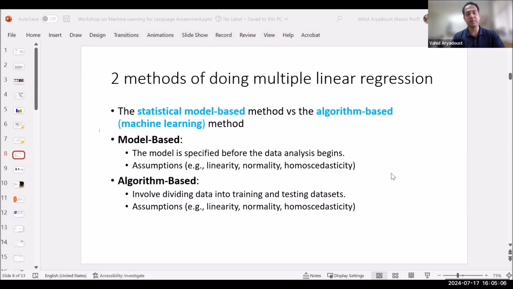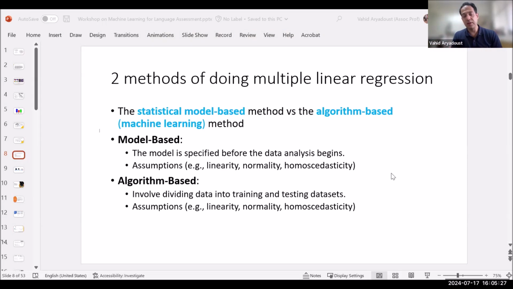Now the two methods of doing regression analysis, everybody. One includes the statistical model-based method, which I've already discussed, which you are most likely very familiar with. And the other method is the algorithm-based, something that, like I said, falls between regression analysis and machine learning.